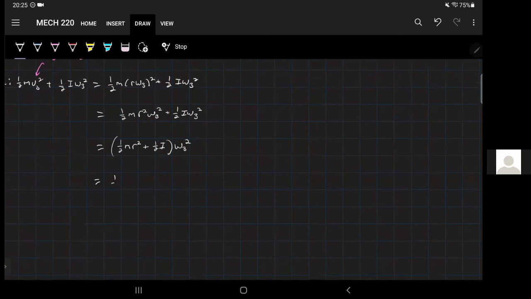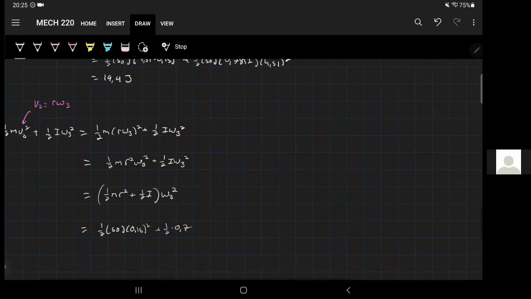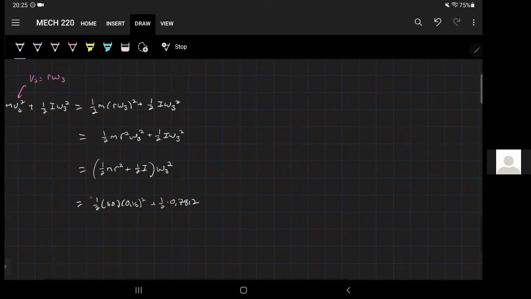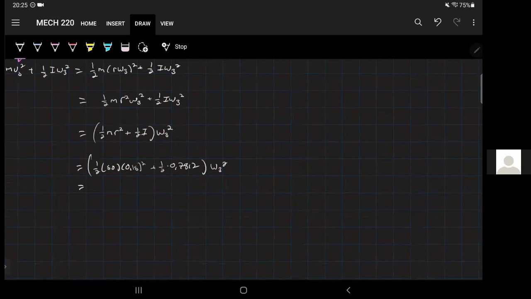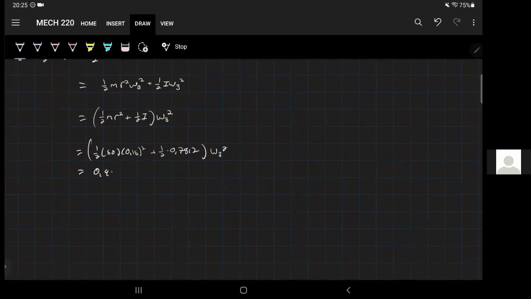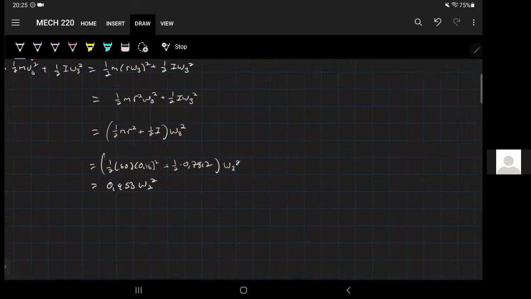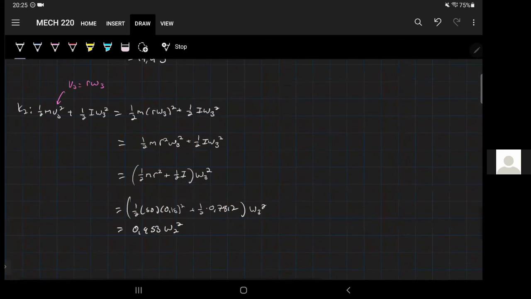When I plug this in, I have 1 over 2 times 50 times 0.15 squared plus 1 over 2 times 0.7812, which ends up giving a value of 0.953. All right, and this is my K2.